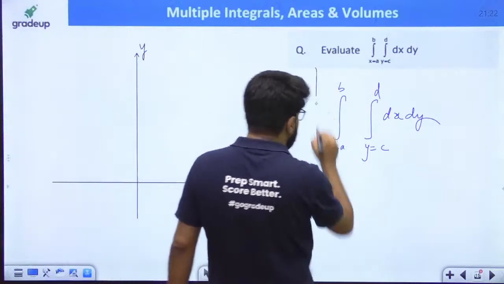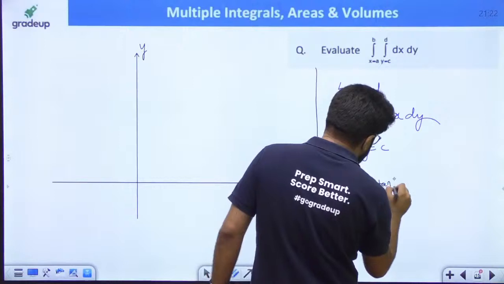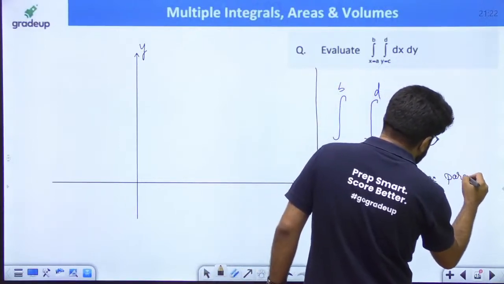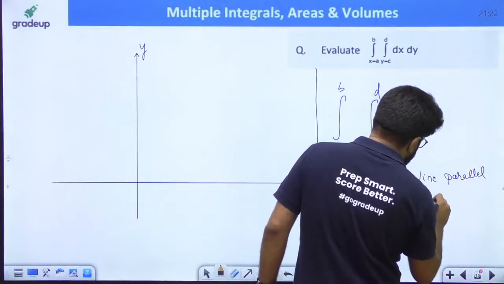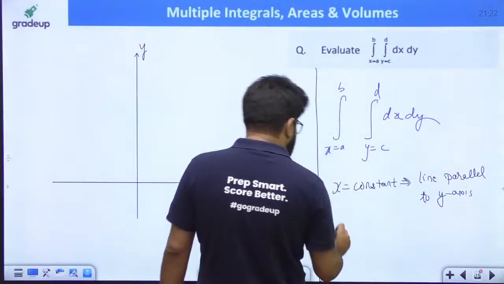We all know that x equal to constant is a line parallel to the y axis.